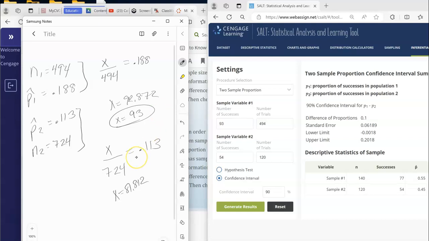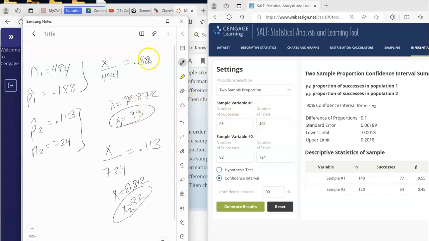So let's round that up to 82. So there's our number of successes out of the number of trials, 724. Let's call this x1 and x2.